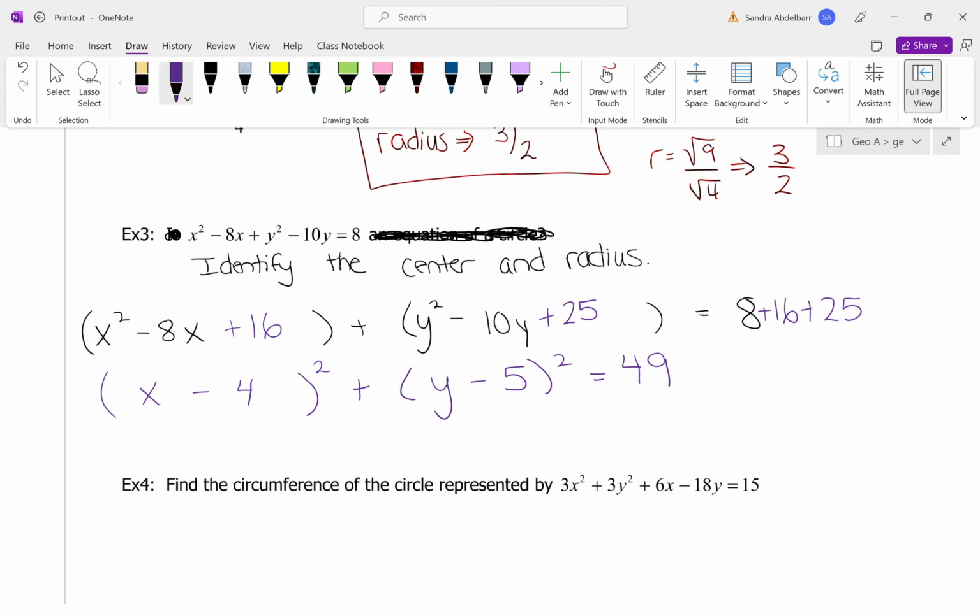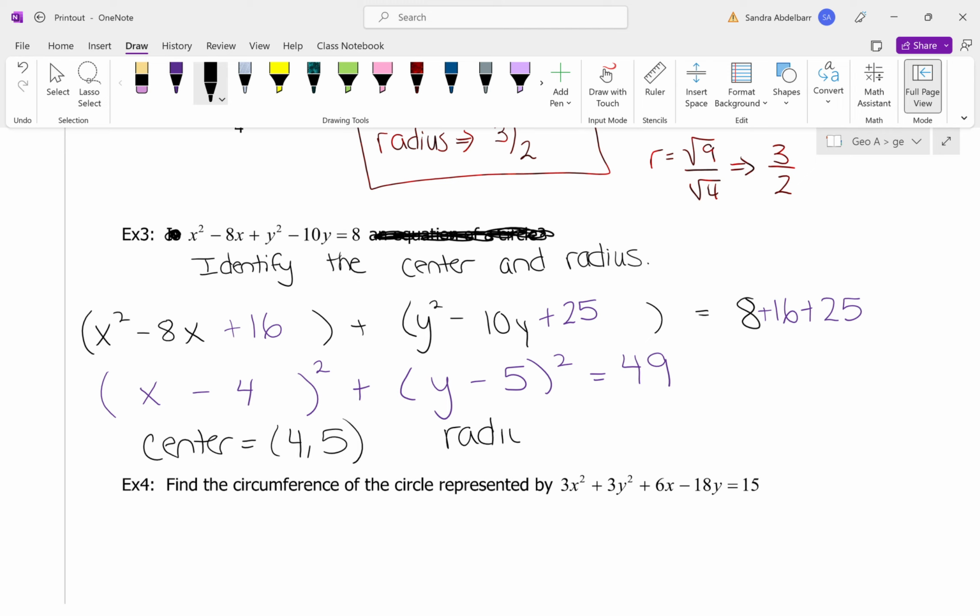Now that we have it in this format, can we identify the center and the radius? Absolutely. Adrian, what's the center? 4 and 5. Good. Parenthesis 4 comma 5. Sam, what's the radius?